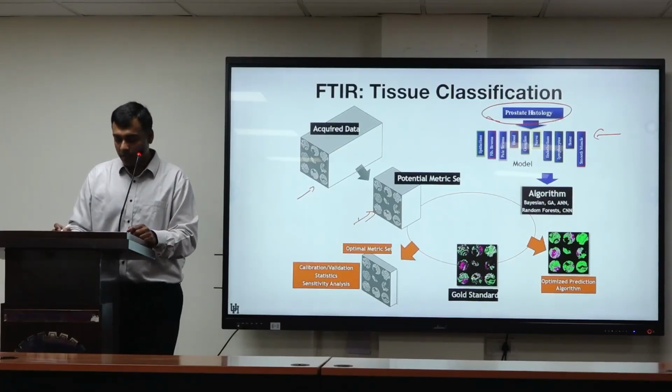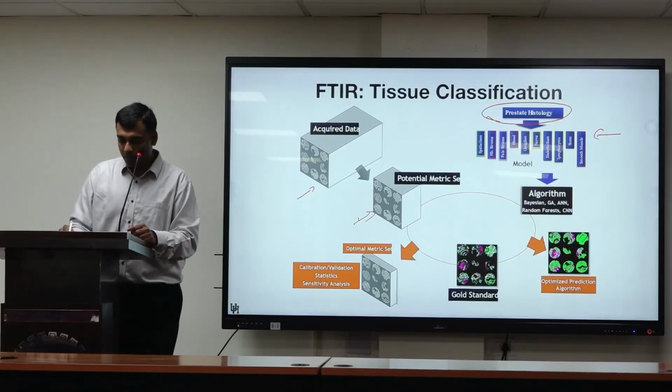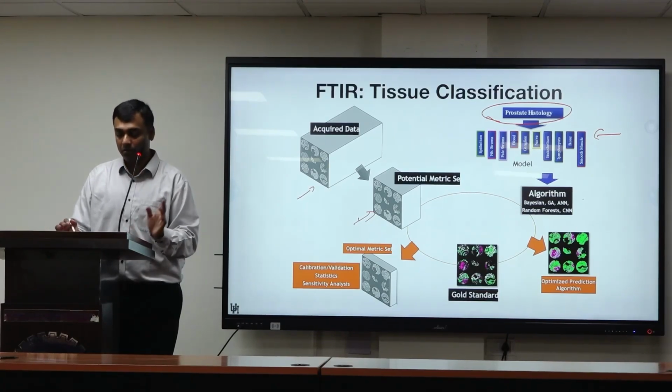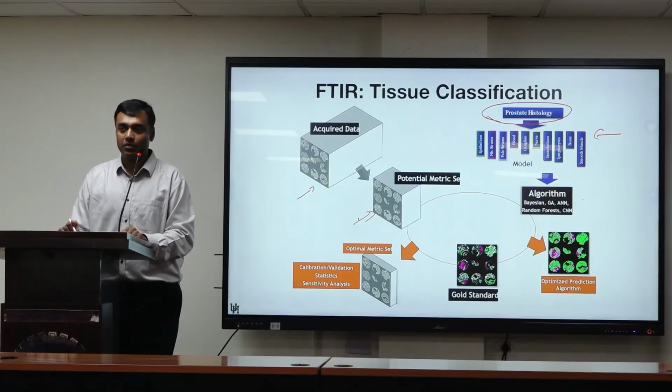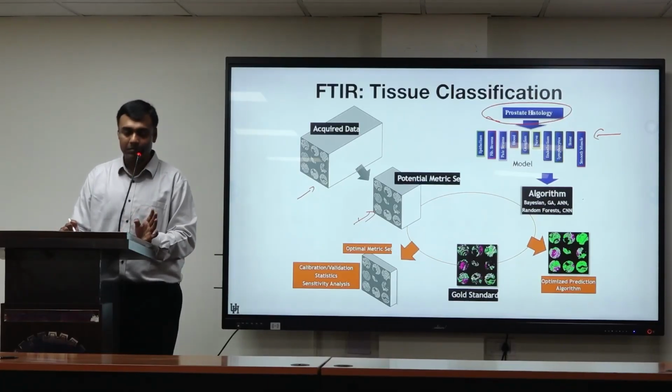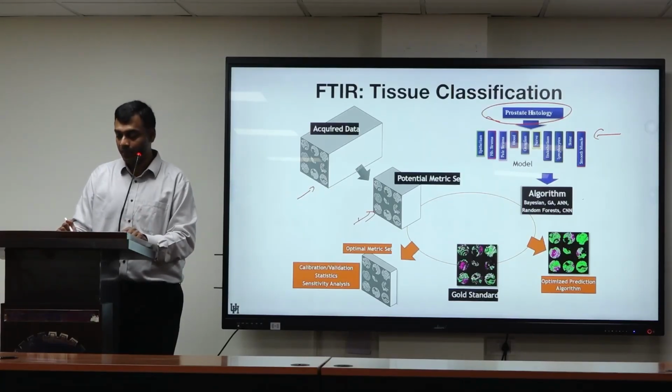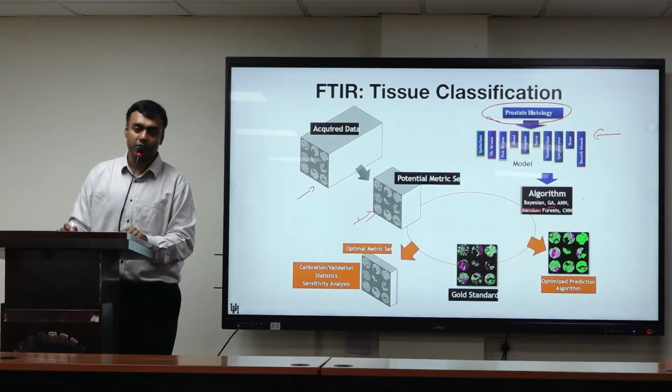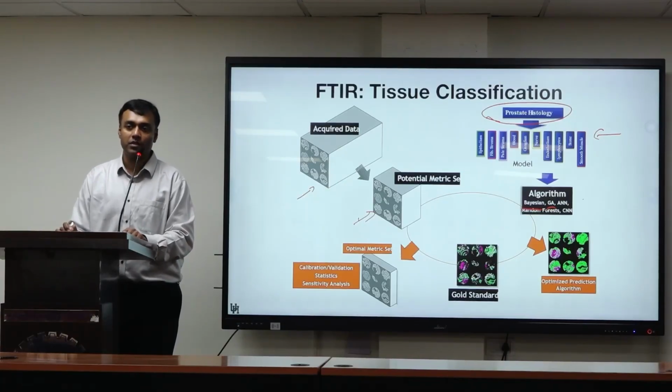In fact, we have been doing this since the 2006, 7, 8 time frame, so it's long before machine learning became a popular thing in the real world. We started with Bayesian algorithms, genetic algorithms, neural networks, random forests, convolutional neural networks, and more recently deep learning.